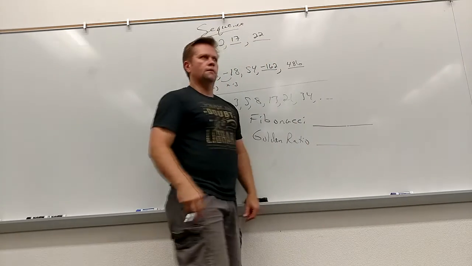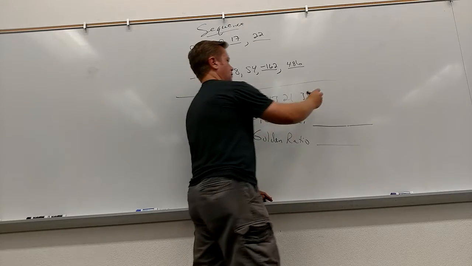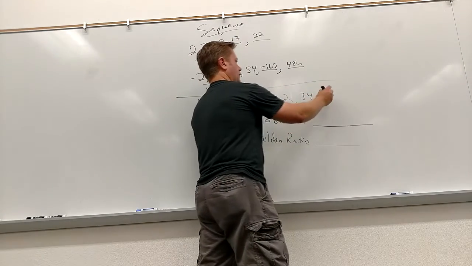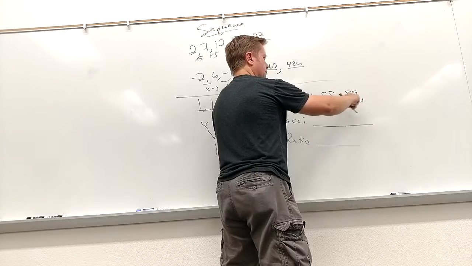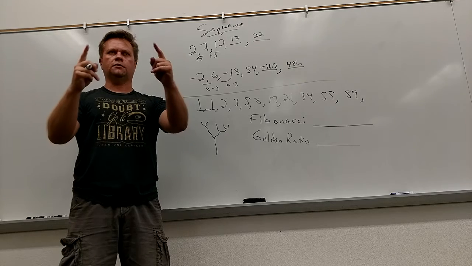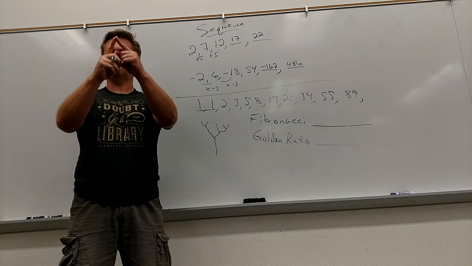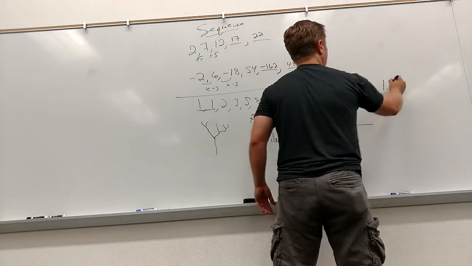Right, so what would be the next term of the sequence? 55, and then 89, right? If you divide each term by the one before it, it eventually becomes a single number. It's always 1.618, right? I can't remember.